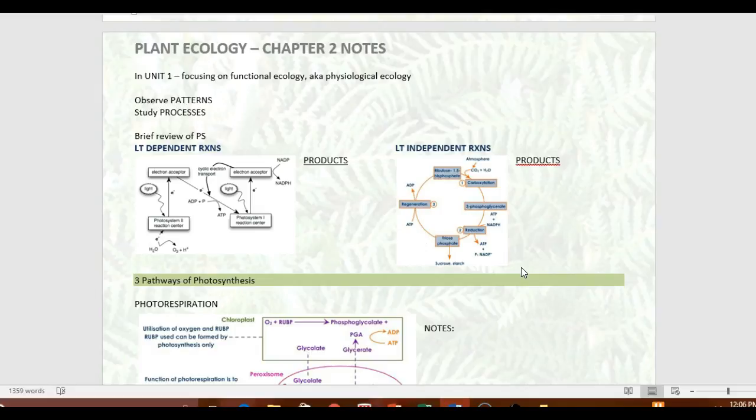The enzyme that is critical to the activity of fixing carbon dioxide into the initial molecule, or into the first product of the reactions. What's that enzyme called? Do you know? Ribulose bisphosphate carboxylase, or rubisco.